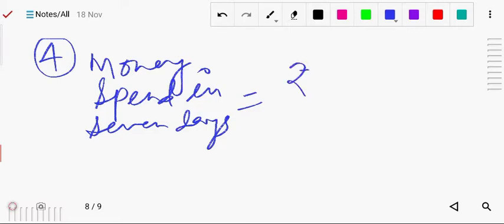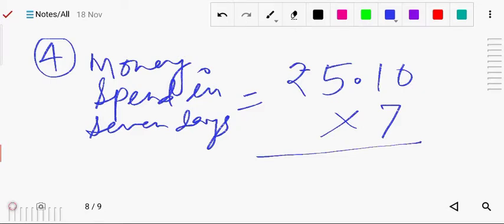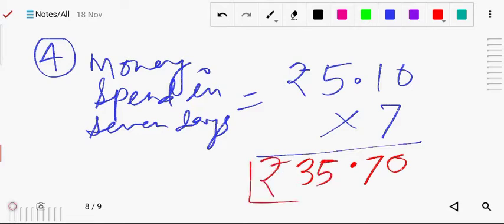He is spending 5 rupees 10 paise every day, and how many days? Total 7 days. In a week how many days? 7 days. So you can multiply. So it will be 0, 7 and the point will be there and 35. So 35 rupees 70 paise he will spend in 7 days.